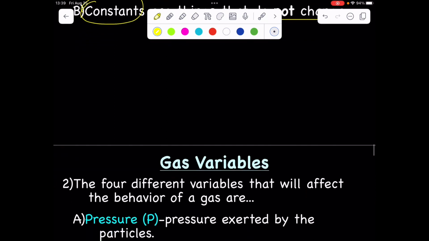So the three variables that will affect the behavior of gas are, first, pressure.